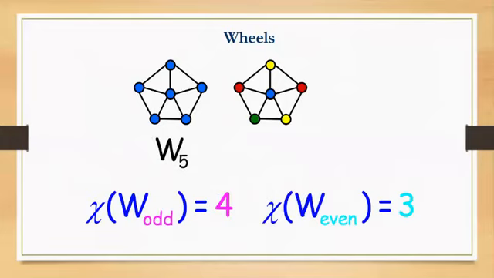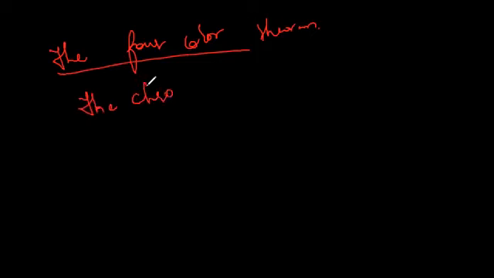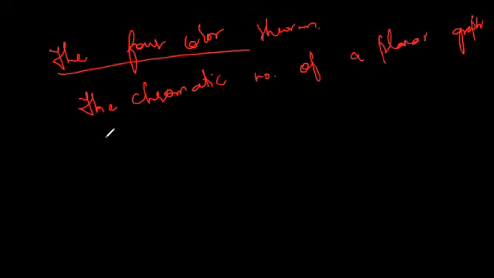Now we have an important statement which is known as the 4-color theorem. Let's see that. The 4-color theorem is just a statement, the proof is not really important. Basically, the 4-color theorem says the chromatic number of a planar graph is not greater than 4.